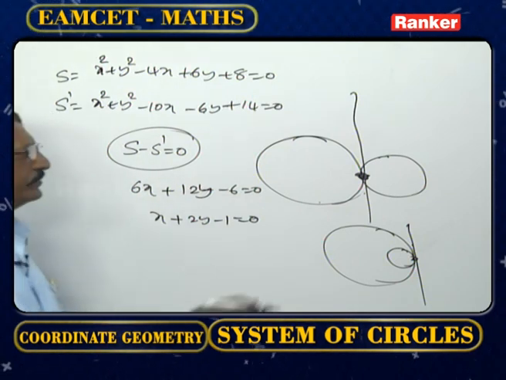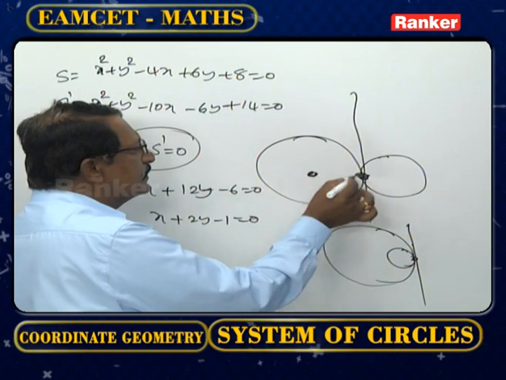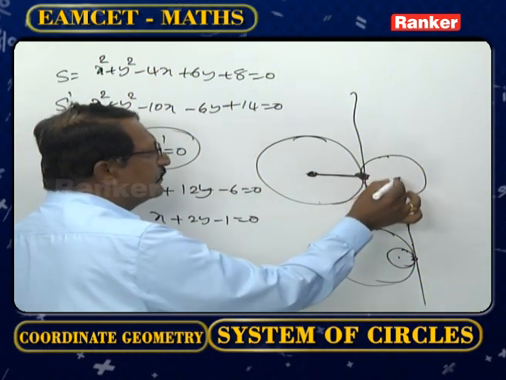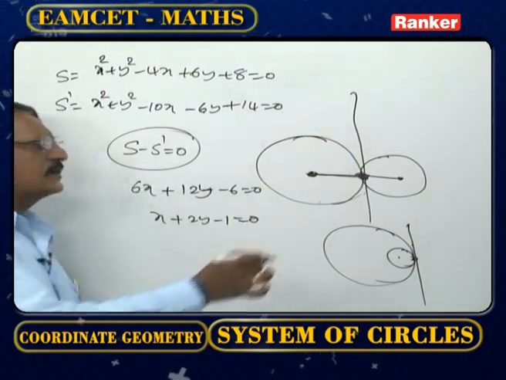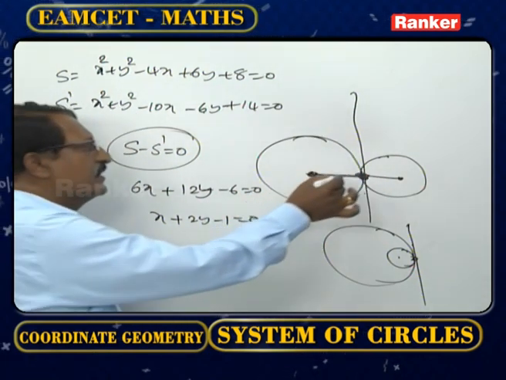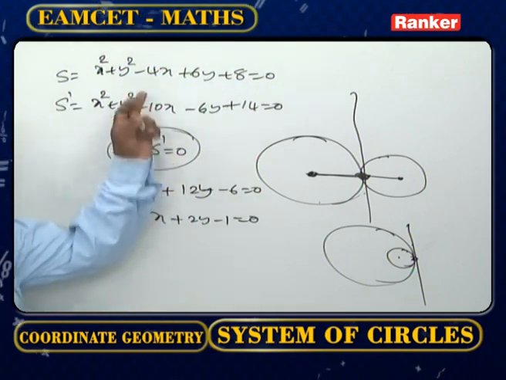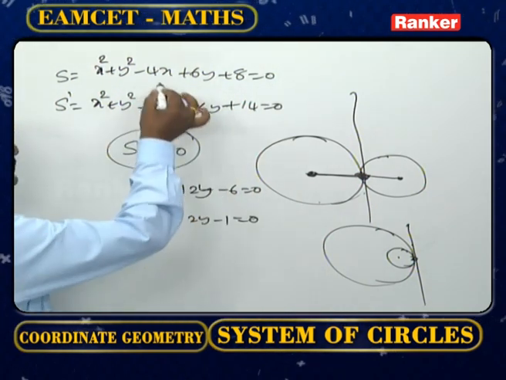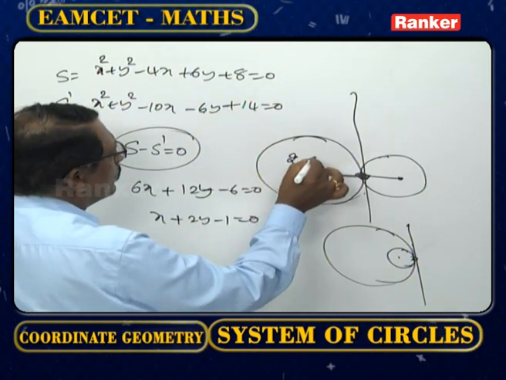Now after that, the point of contact is the foot of the perpendicular from the center of any one of the circles on the common tangent. The center of the first circle is (2, −3).